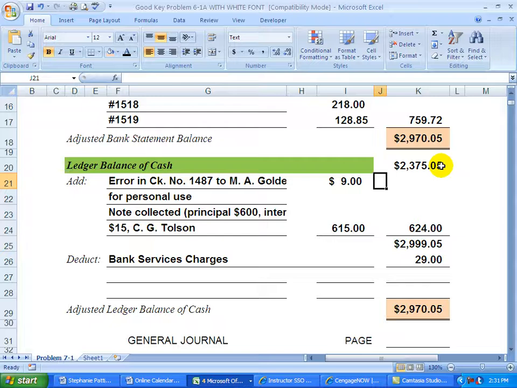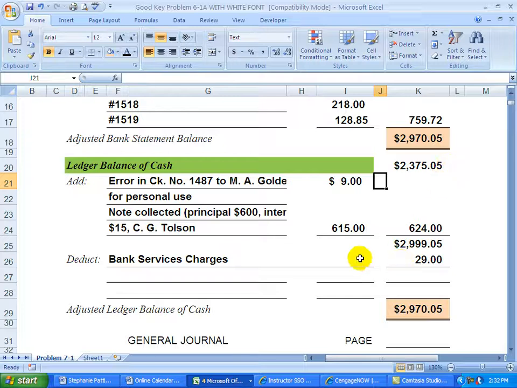Normally what I do when I reconcile my bank statement and my checkbook is I draw a little circle around it or date it, so I know on this date that my checkbook has the perfect right information on it and there's no error. I want you to notice that our cash account in our general ledger is showing a balance of $2,375.05.